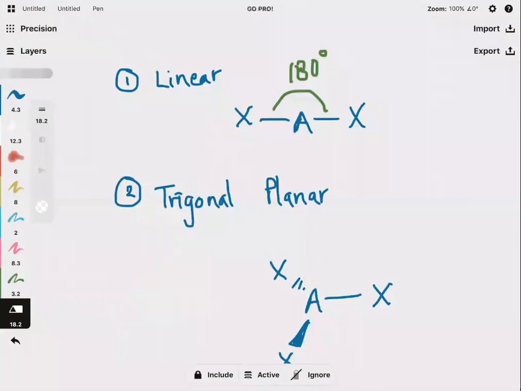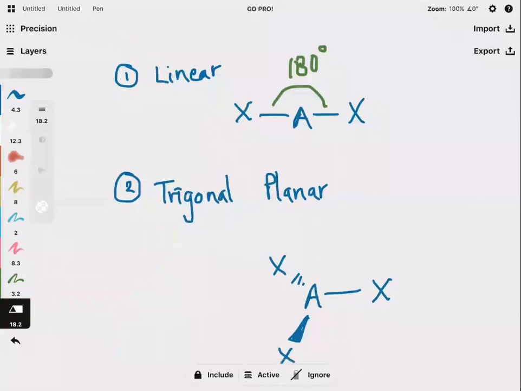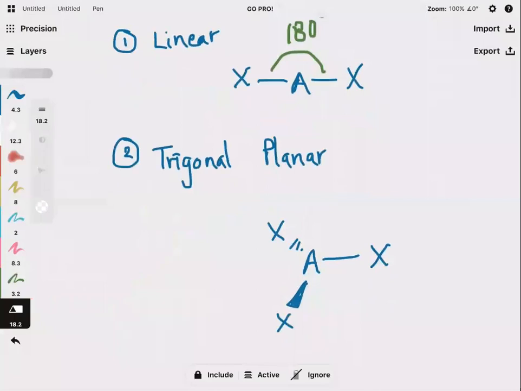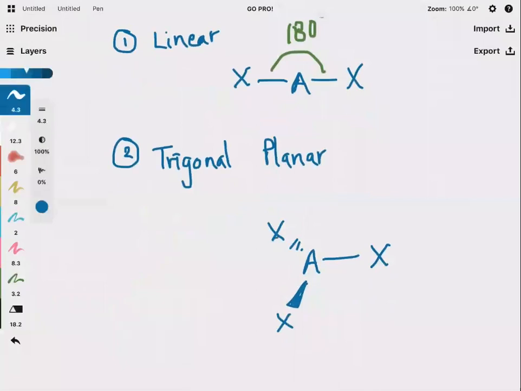So you have three atoms bonded to a central atom, trigonal, but they're all in one plane, so trigonal planar. And the bond angles between the atoms attached to the central atom is 120 degrees.